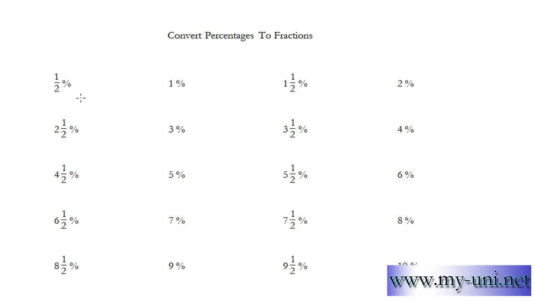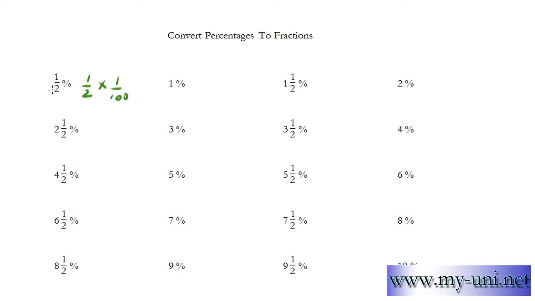Now the rules for the percentages that are shown to you as a fraction itself. The deal is to remove the percentage symbol, and what you simply do is multiply this by 1 over 100.